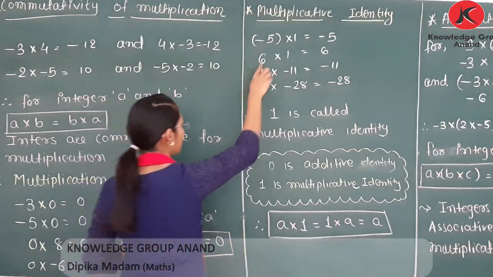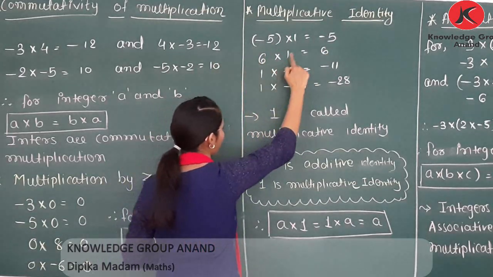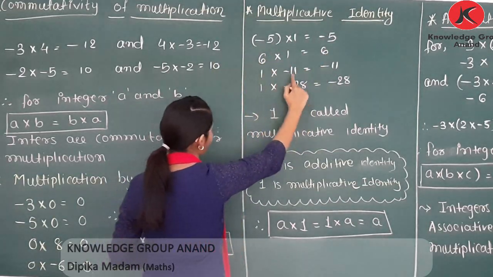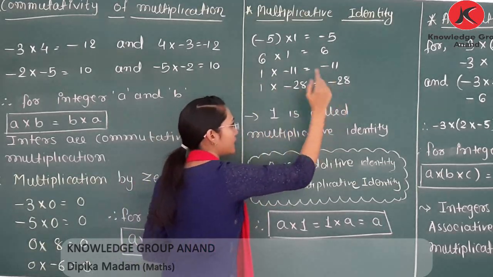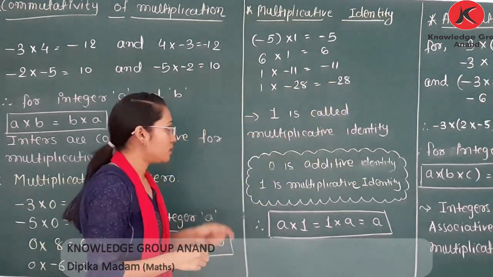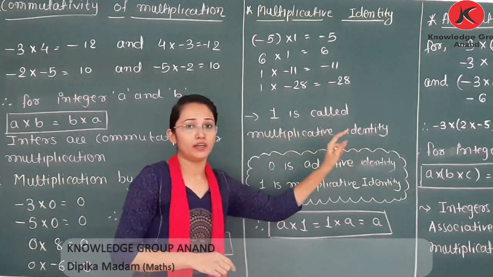That's why we can write -5 multiply 1 is -5, 6 multiply 1 that is 6, 1 multiply -11 that is -11, 1 multiply -28 is -28. So we can say 1 is called multiplicative identity.